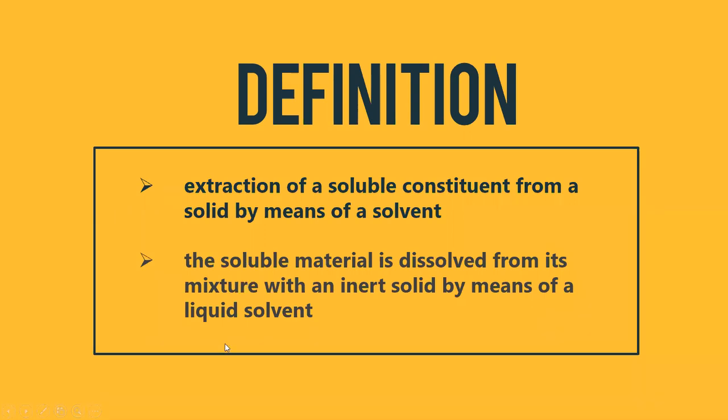So the soluble material in this case is dissolved from its mixture with an inert solid by means of a liquid solvent. So your mixture here is your solute, which is in solid form, together with the inert solid that it is mixed with in the solid matrix. Now your solvent, which is liquid, is going to dissolve this particular solute and separate it from the inert solid mixture.